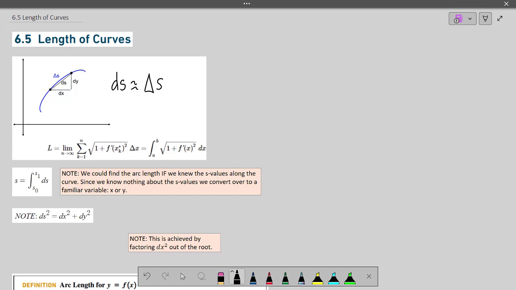In this scenario, our dependent variable is the s piece, and dx and dy are considered independent. So in this context, we would say that dx equals delta x and dy equals delta y. It's always the dependent variable where you have this approximation. In Calc 1, you only had one independent variable, x, so you had dx equals delta x, and dy and delta y were approximately equal to each other.